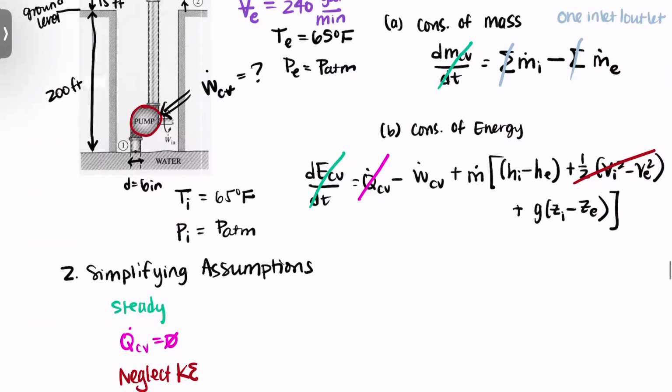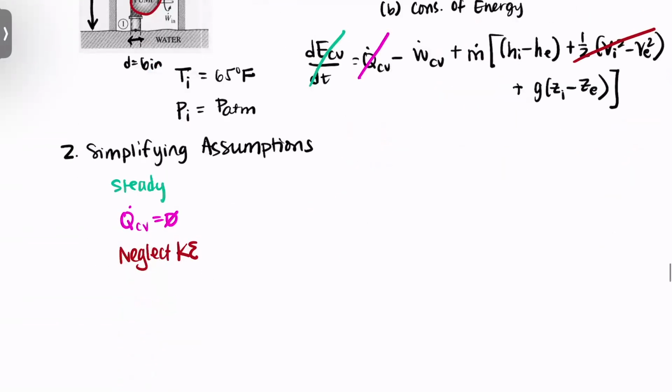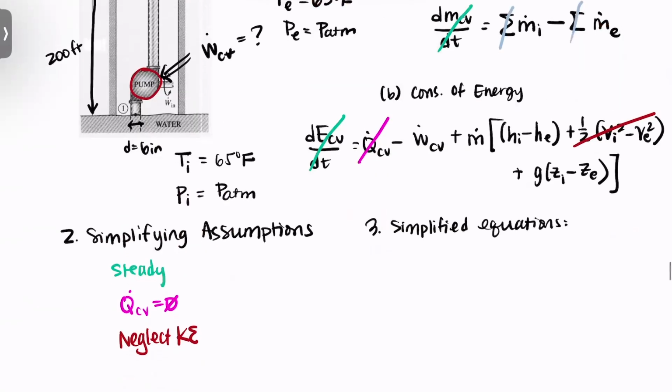Okay. So let's write out our simplified equations. So we have that 0 is equal to m dot in minus m dot out.